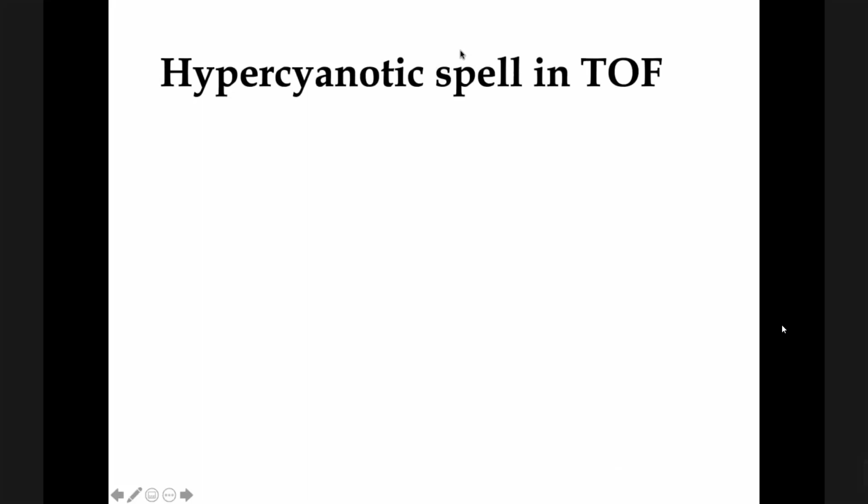So another emergency that you might get from time to time is hypercyanotic spell. So this is a classic history: a diagnosed child with tetralogy of Fallot, right? And usually this is commonly seen in pink tets, where the cyanosis is not that apparent, and the saturations are usually over 90.